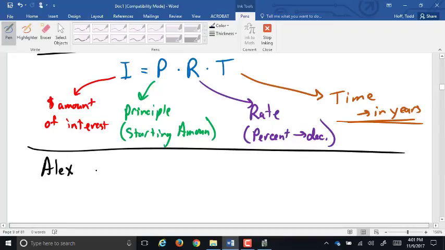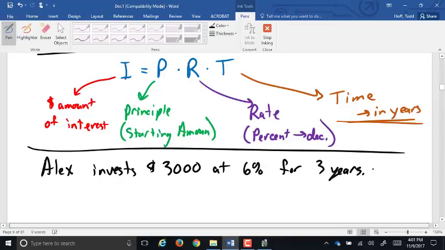Alex invests $3,000 at 6% for 3 years. How much interest is earned?